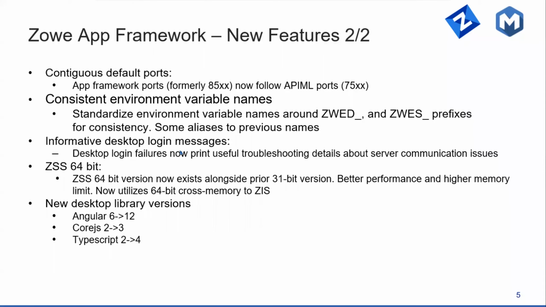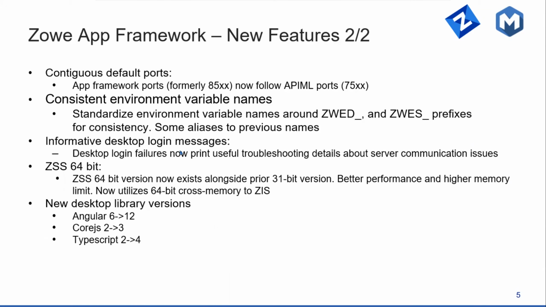Another thing that's in version 2 is ZSS 64-bit. Now, at the moment, 31-bit ZSS is the one that's running in that preview build. However, ZSS 64-bit does exist in that preview build, and we just have to figure out what's the best way to allow the user to choose which they want to run, because plugins would need to be recompiled to work on the 64-bit one.